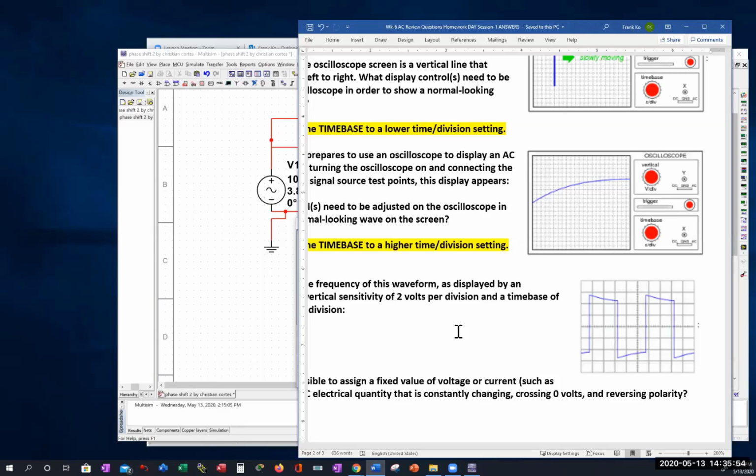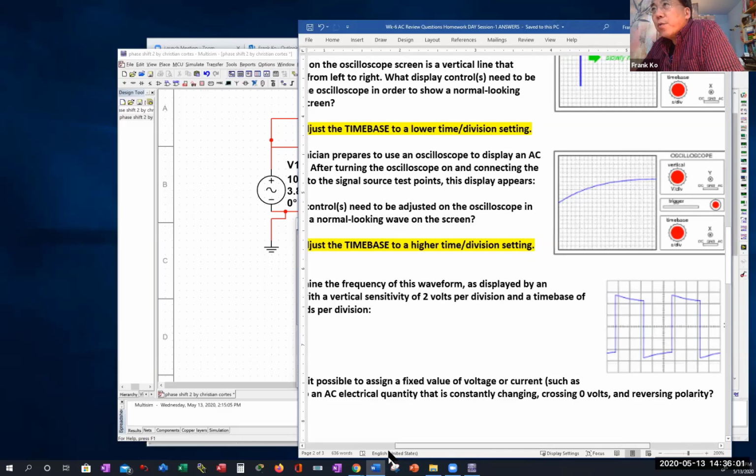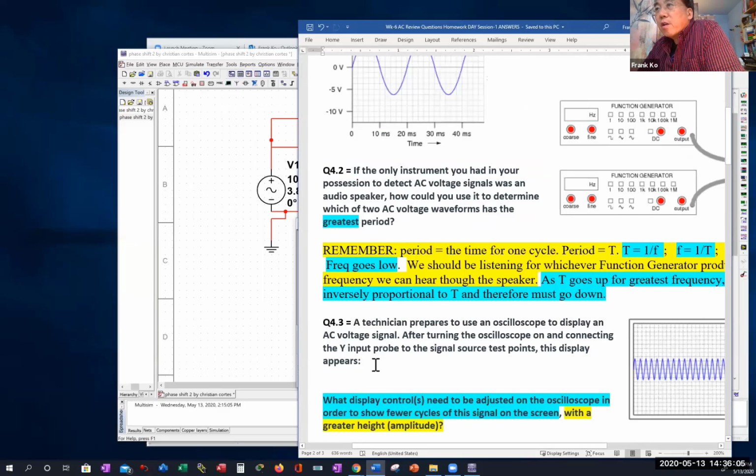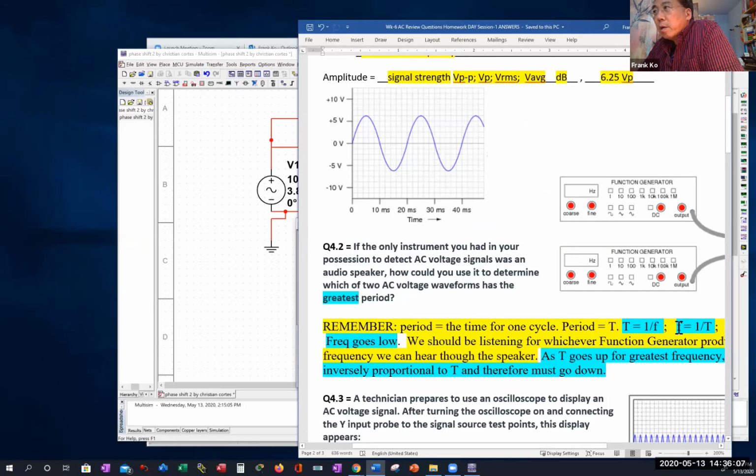You would have to, let me see. So from earlier, just to give you a hint, we discovered that frequency is the reciprocal of T. T was period, and frequency is the reciprocal of period.